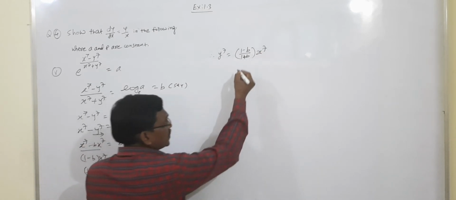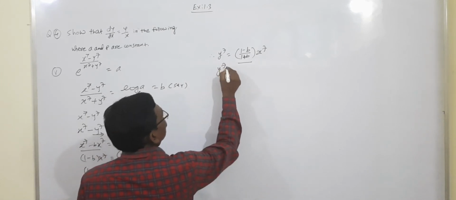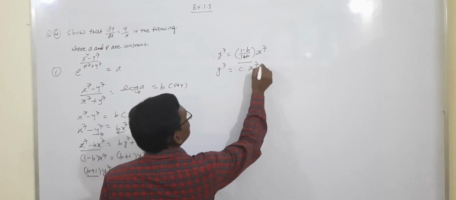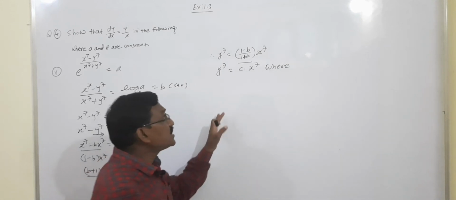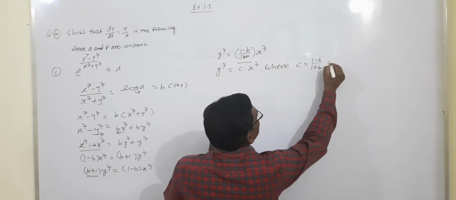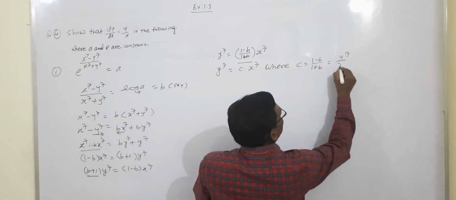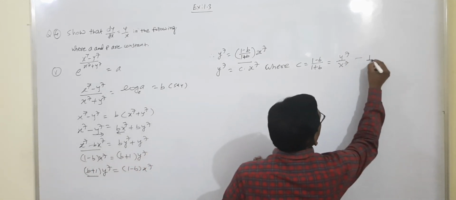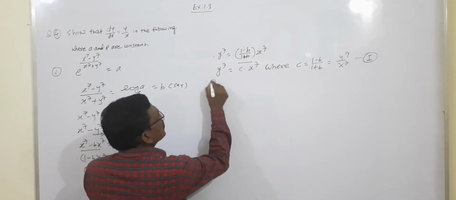And we put this constant in brackets as c here. y to the power 7 is equal to c into x to the power 7, where this c is equal to the constant 1 minus b divided by 1 plus b, which is also equal to y to the power 7 divided by x to the power 7. Call this equation 1. Now we differentiate this equation with respect to x.